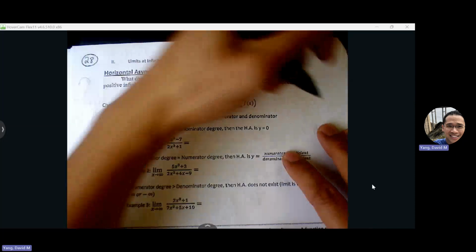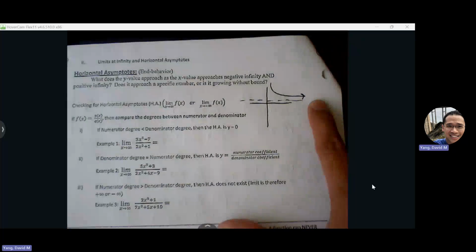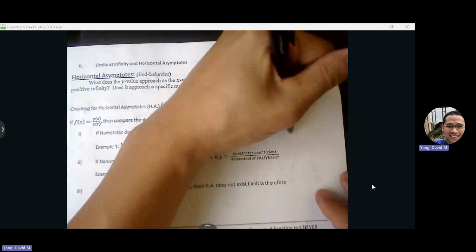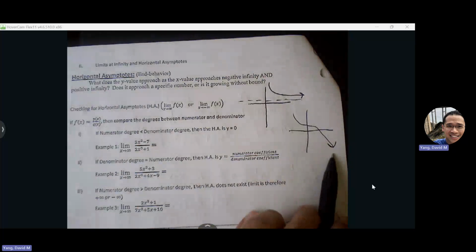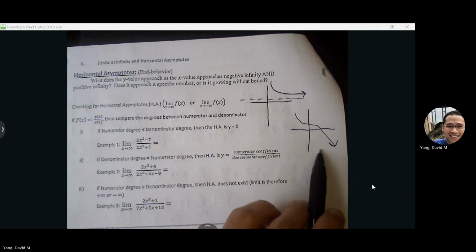Does the graph approach a specific number, or is it growing without bound? So with horizontal asymptotes, we're looking to see what is the behavior of the graph as we exit the graph from view, right? Is it headed towards a horizontal asymptote, or maybe there is no horizontal asymptote and it is just continuing to positive or negative infinity without bound?